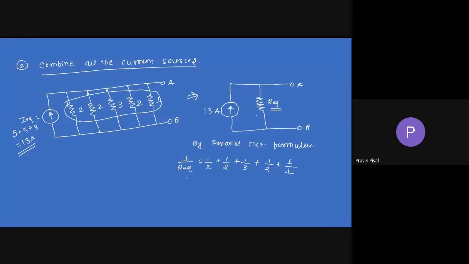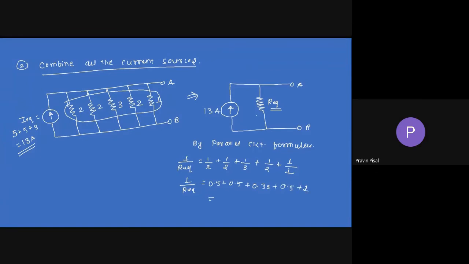So 5 resistances are added like this. How much is 1 by 2? 1 by 2 means half, and half value is 0.5 here. This is 0.5 here. Then similarly, 1 by 3 will be 0.33. This will be again 0.5, and 1 by 1 is 1.